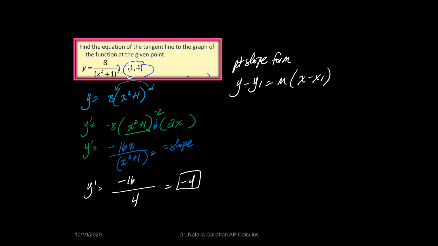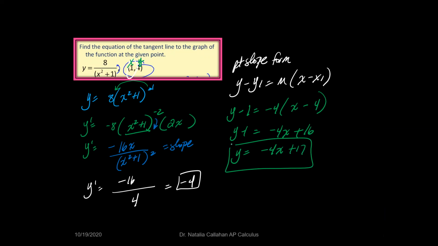Given that you have x and y here, I have y minus 1 equals -4 times (x minus 4). Distribute -4, you have y minus 1 equals -4x plus 16. Then add the 1 on both sides, and y equals -4x plus 17 is your equation of the line at this point.